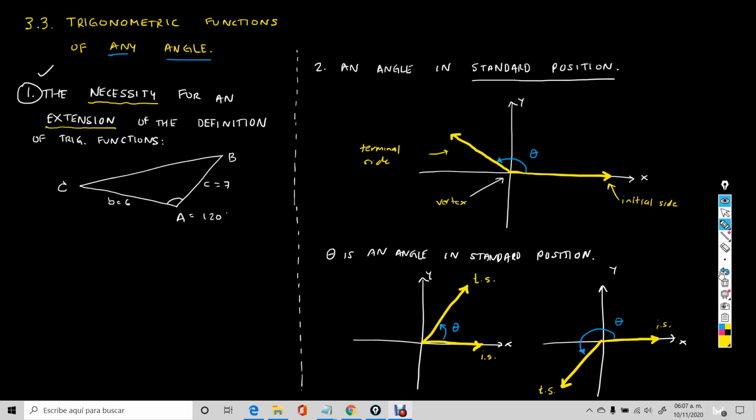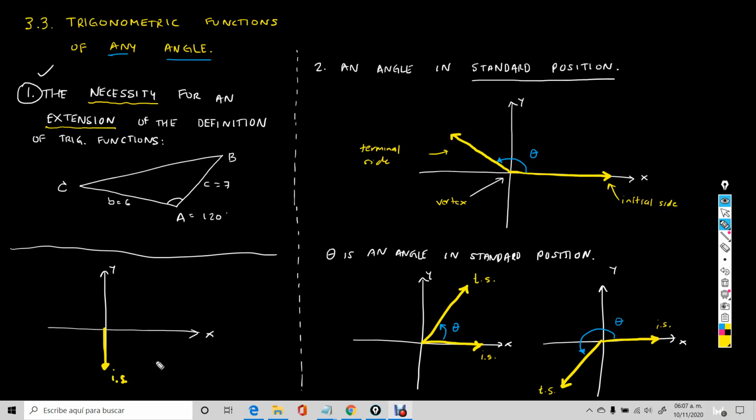Now I'm going to give you examples of angles that are not in standard position so that you can tell the difference. For example, if I draw an angle in this way, I'm going to draw its initial side in here.